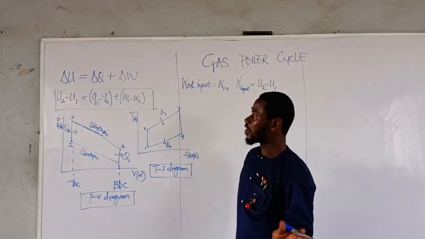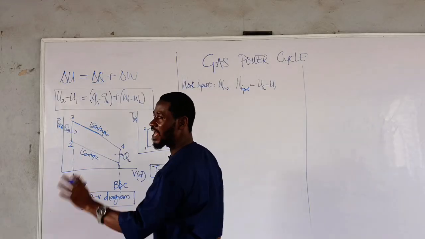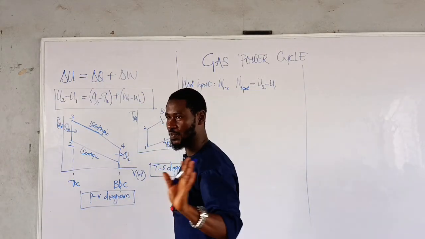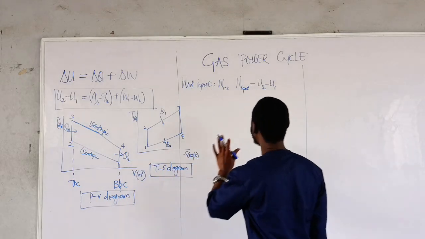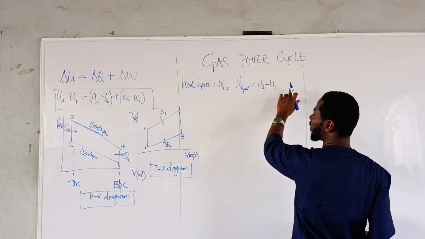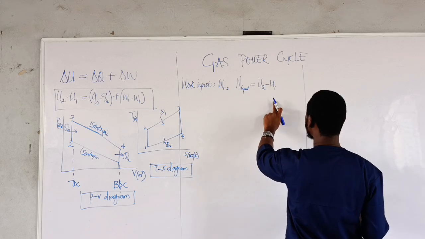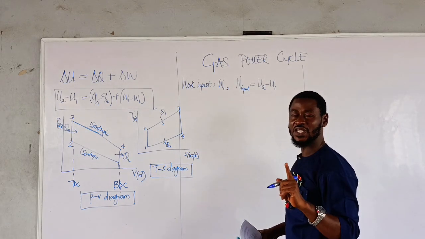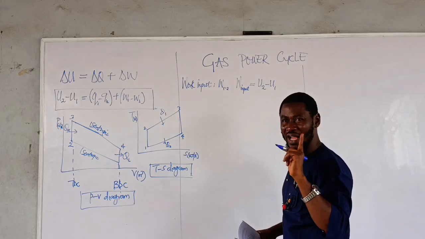So in this case, if we are analyzing for work, U is a function of specific heat at constant volume and temperature.